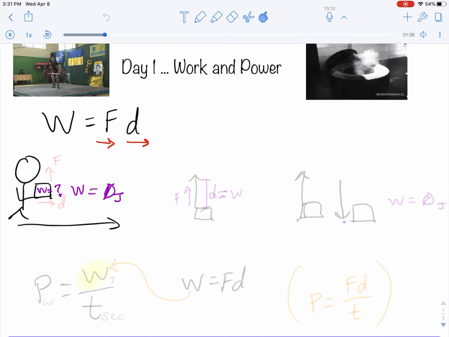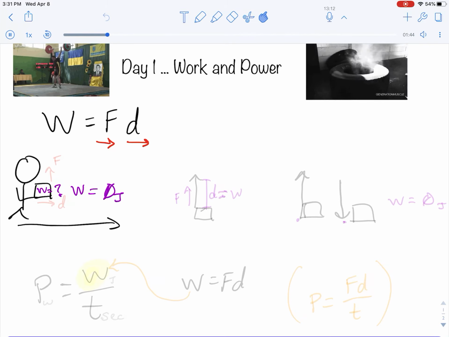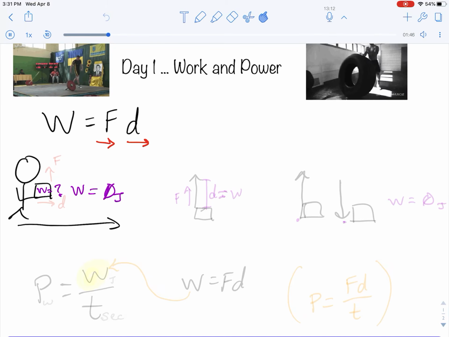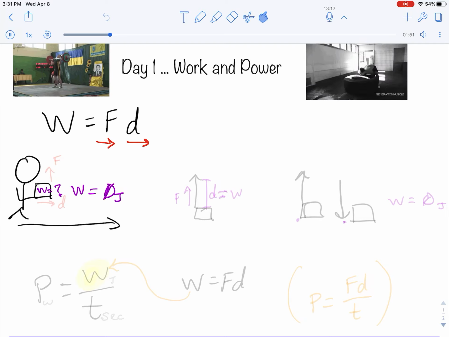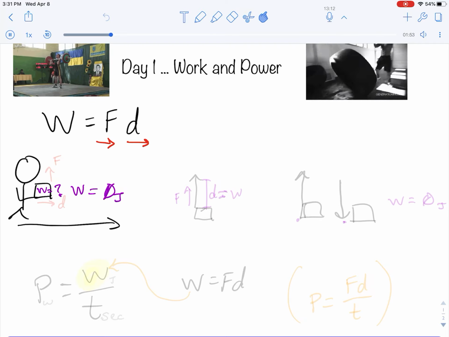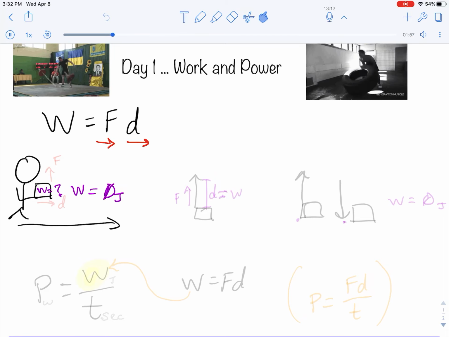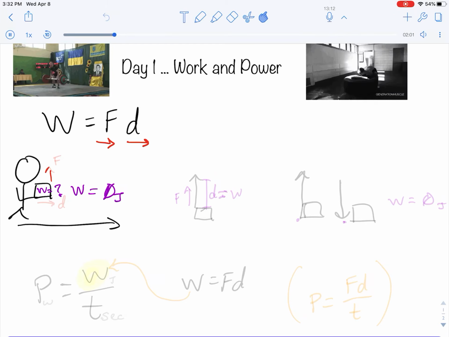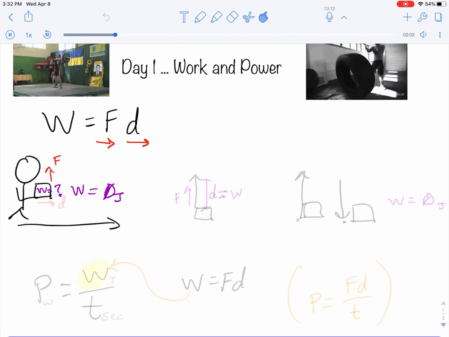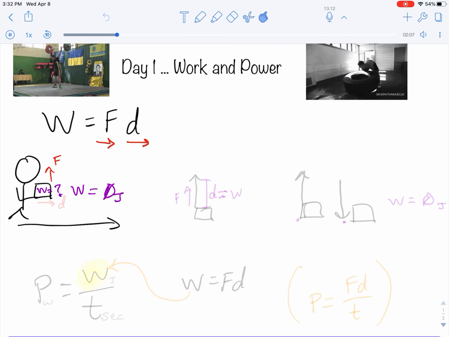Now, this is something that I would typically demonstrate in the classroom. I'd grab my little basket of markers, carry it around the room, and ask this question. You need to understand that if the question is asking about the work done on the box, then we need to take into consideration what direction is the force that's acting on the box. Well, right now, the force acting on the box is upward, because it is the force of me holding the box so that it doesn't fall to the ground.